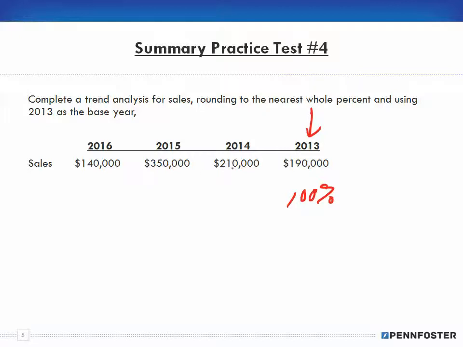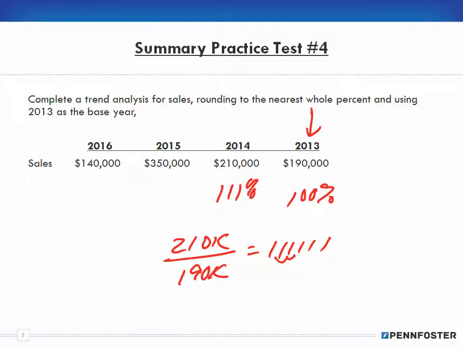Now to do 2014, we're going to take the 210,000 and divide by 190,000, and we end up with 1.1111. So move the decimal place over, and since we're rounding to the nearest whole percent, it's 111%.